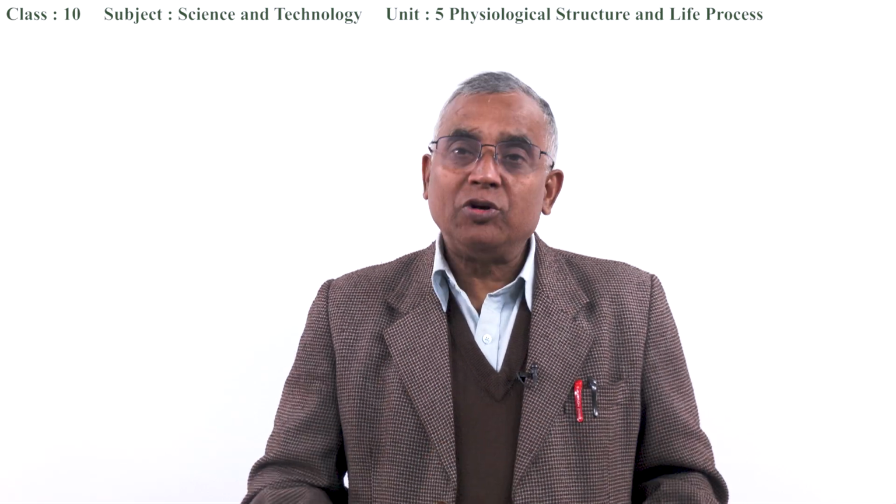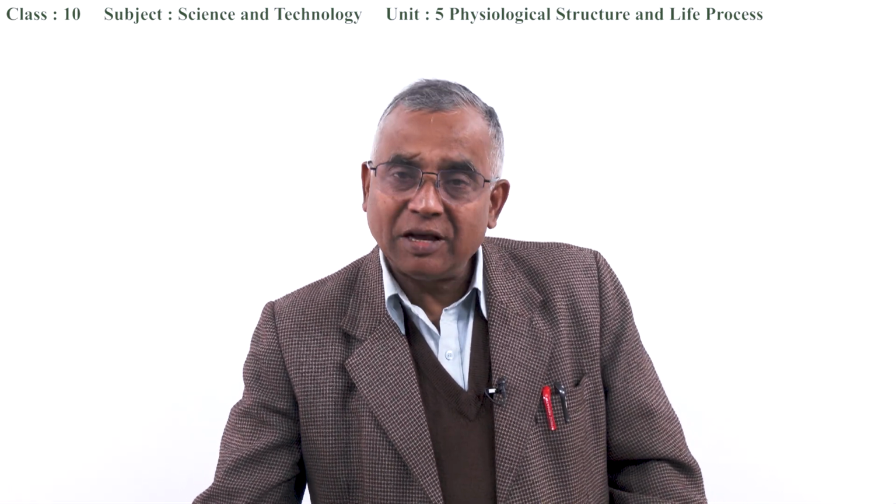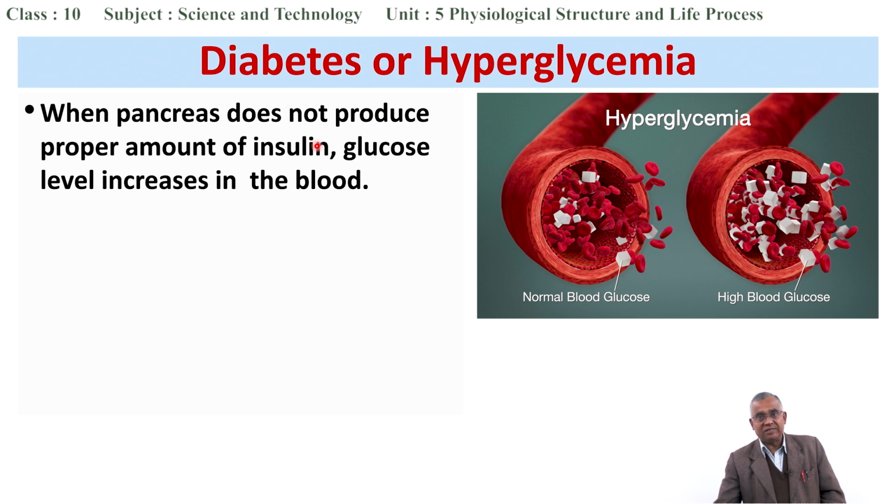Insulin produced by the pancreas is the main causal factor of diabetes. If it is not produced in normal amount, if hyposecretion is found, then it causes diabetes. When the pancreas does not produce the proper amount of insulin, lesser than required, the glucose level increases in the blood, because insulin helps to consume glucose from the blood.